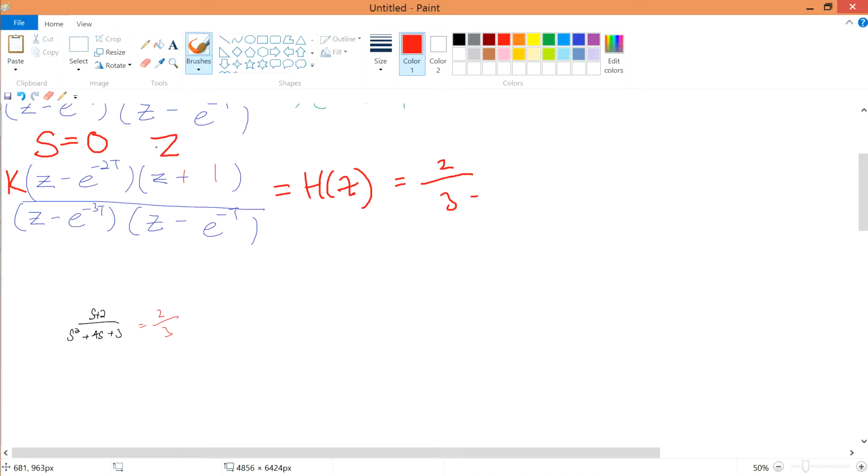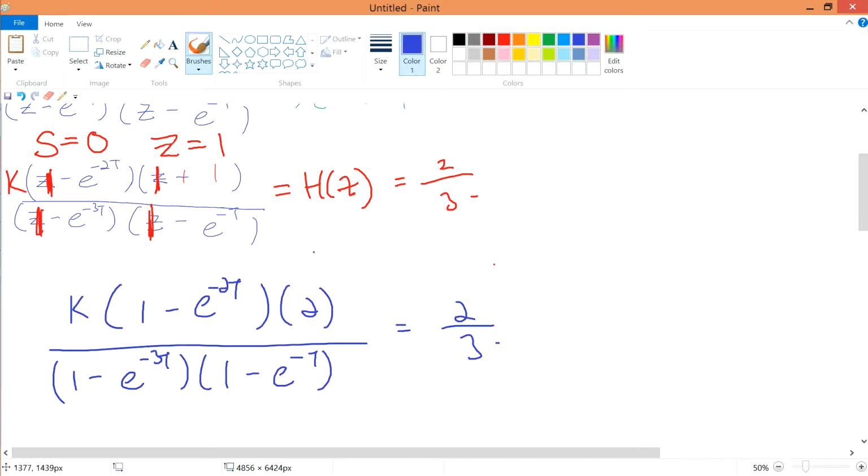So when S equals 0, Z equals 1. I'll simply substitute in 1, 1, 1, 1, so what I will have is equal to 2/3. 1 minus e to the minus 2t is this one. 1 plus 1 is equal to 2. 1 minus e to the minus t. You see, I didn't change anything. Your k is still your k over here. So in the initial condition of S equals 0, Z equals 1, you can find your k already.